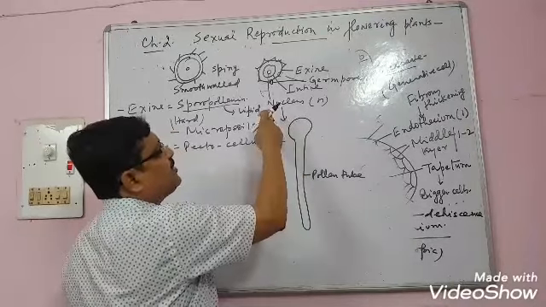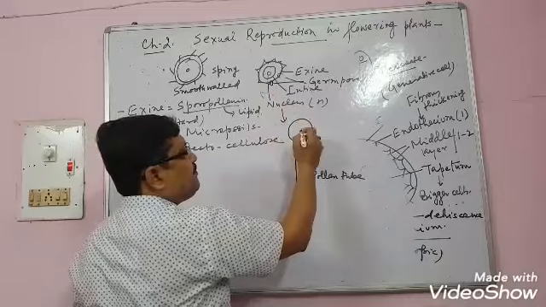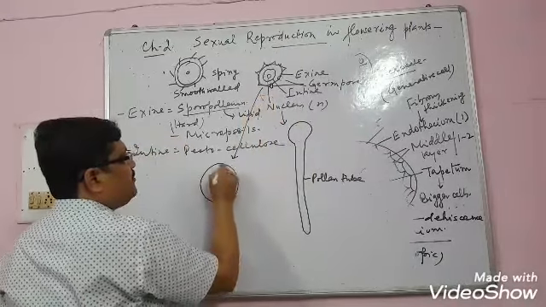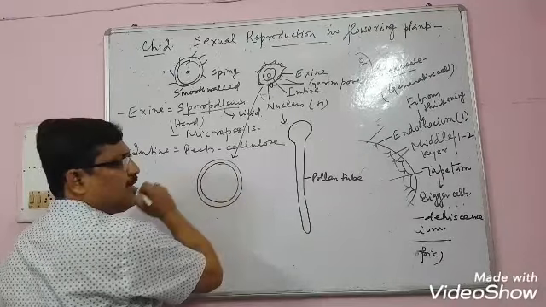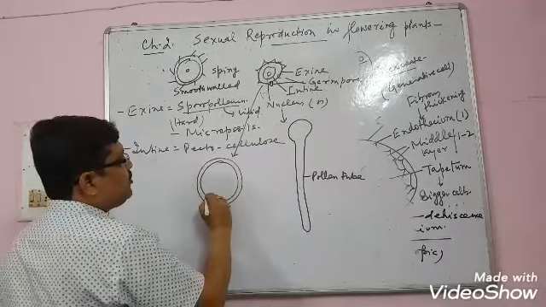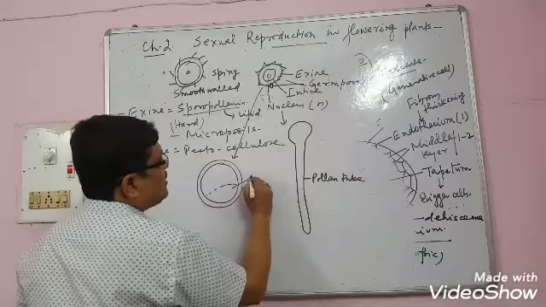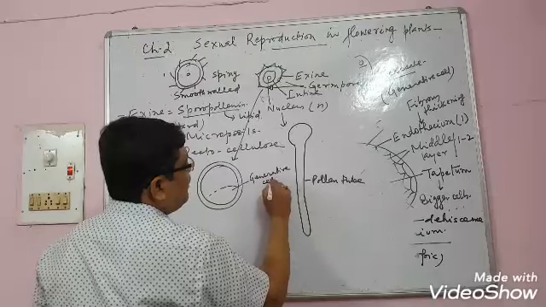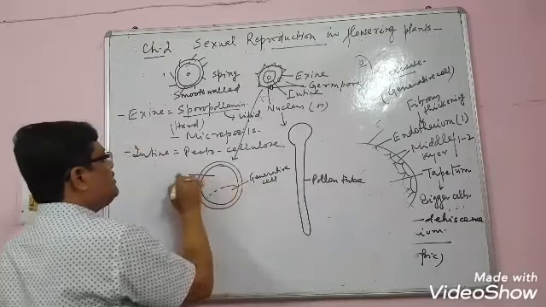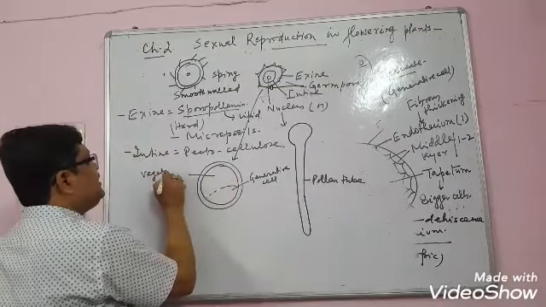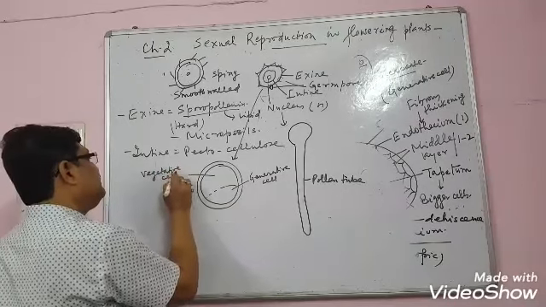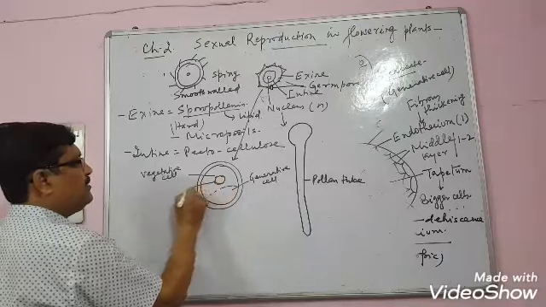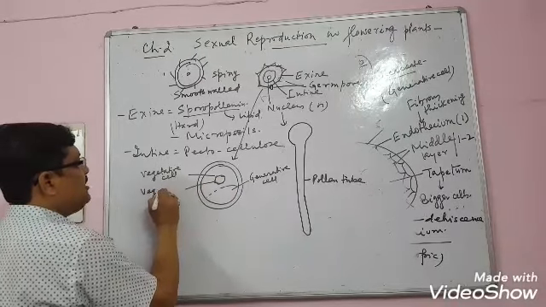But before this structure, this nucleus will divide and forms, suppose this is the smooth walled pollen grain, two cells. One is the generative cell and another is the vegetative cell. This vegetative cell has a big nucleus, that is the vegetative nucleus.